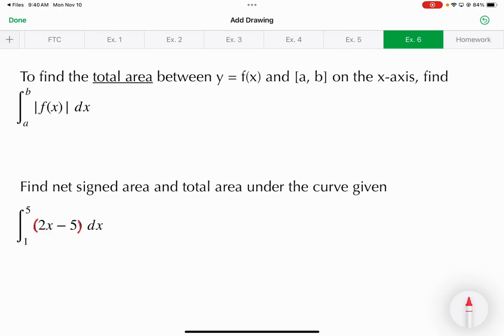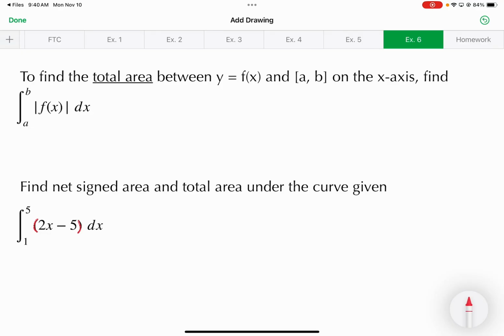If the question asks you to find the total area, then you're working with absolute value. It takes those negative values that go below the x-axis and pops them above the x-axis, giving you a positive area. So when we find total area, use absolute value.